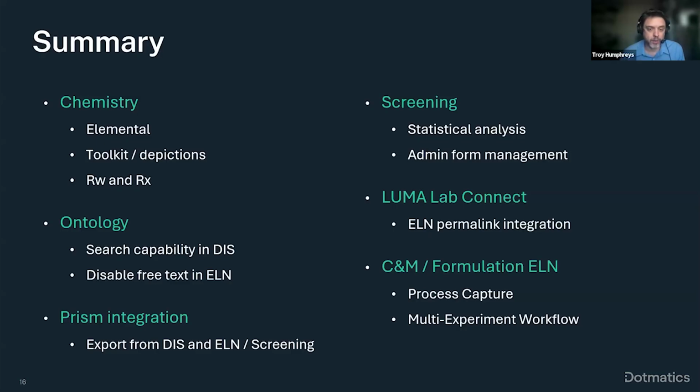We've gone through some powerful additions to screening and screening analysis options, including the fitting model, the weighting model, and one-way ANOVA. We've shown you the instrument integration, the integration with Luma Lab Connect for management of instrument files and connecting them to experiments. And in this last section, we've run through a wealth of the new formulation ELN capabilities, really highlighting some of the major additions.